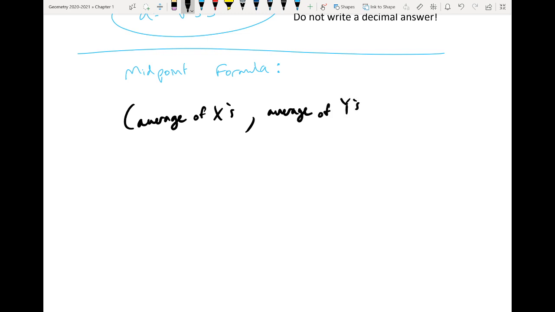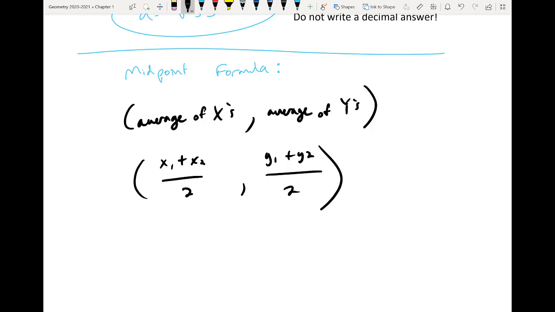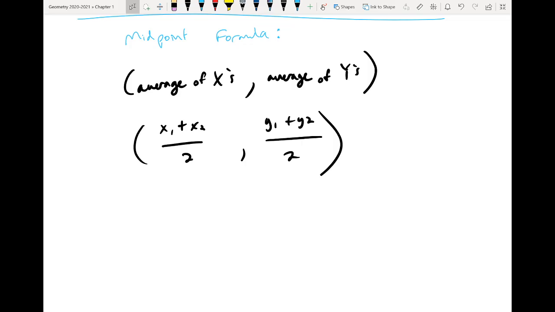Now, that probably seems kind of silly, because I'm asking you to take the average of two things. The way it's actually expressed is we take both x's, add them together, x sub 1 and x sub 2, and then divide by 2. And we do the same thing with the y's, y sub 1 plus y sub 2, divided by 2. That will give us the coordinate for the midpoint.